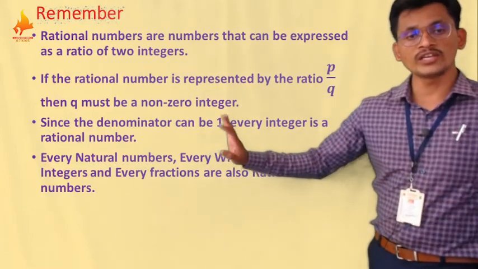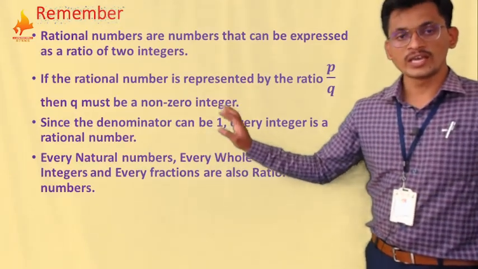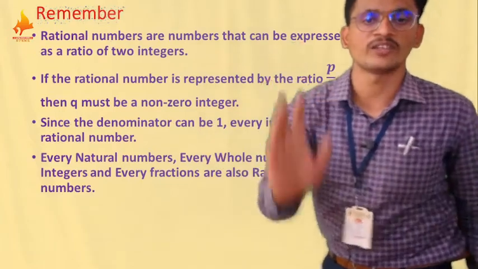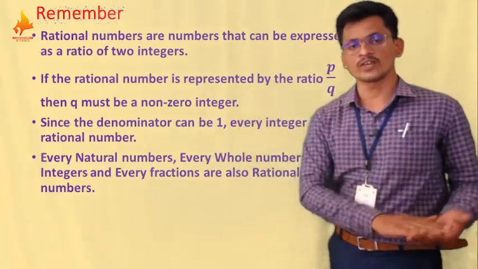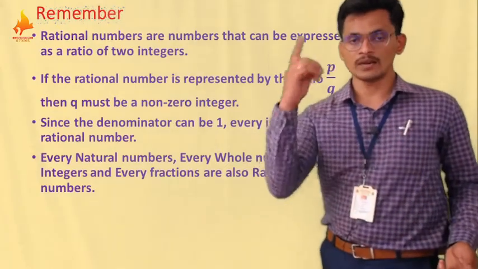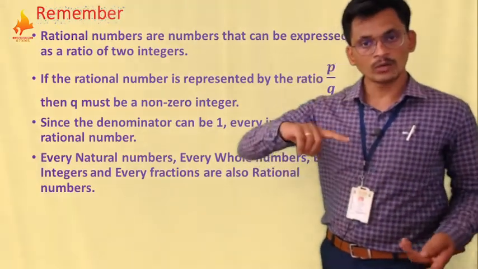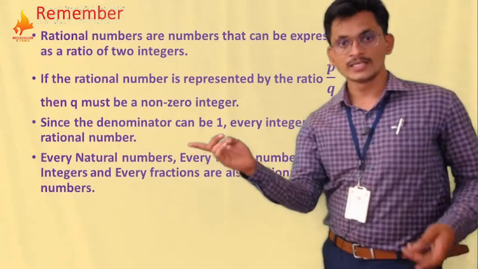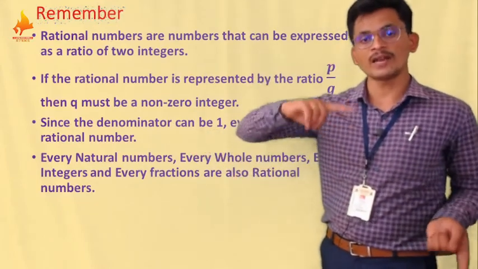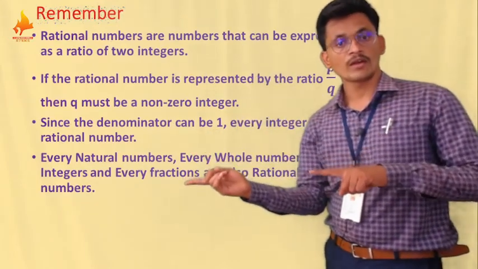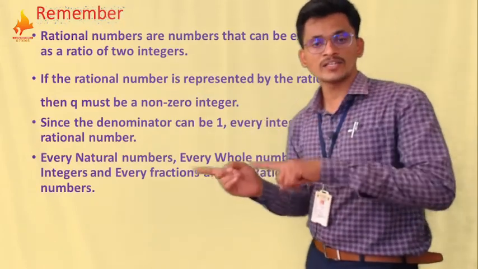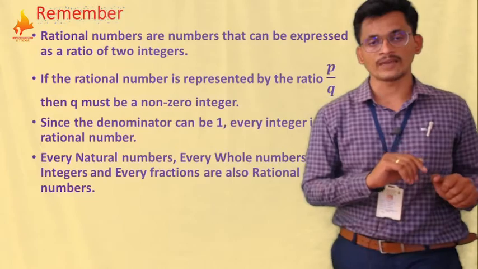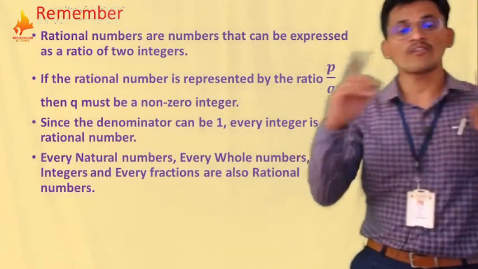So every integer is also a rational number. As we know, every natural number is a whole number, every whole number is an integer. Similarly, every integer is a rational number, but we cannot say every integer is a fraction.